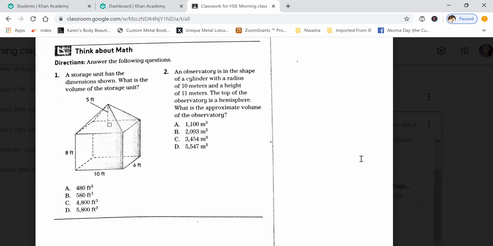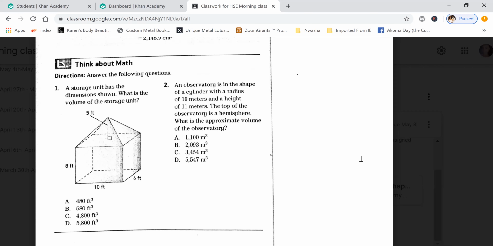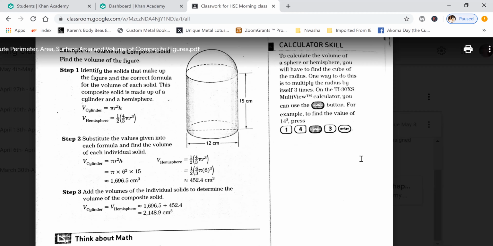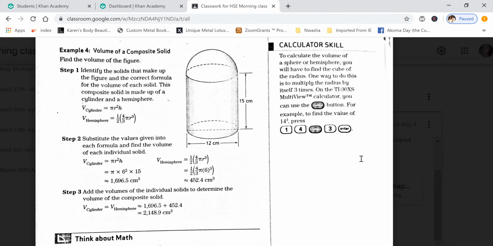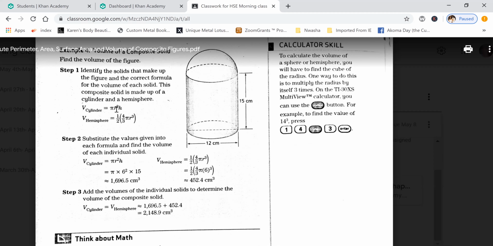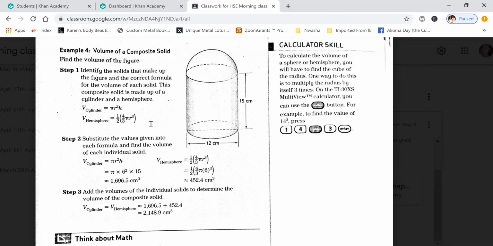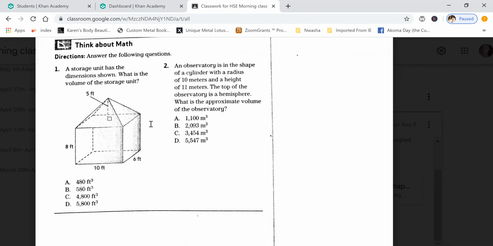But they did tell you the 2 shapes, right? So you know that step number 1 is to identify the 2 shapes. One is going to be the formula for the cylinder, and one is going to be the formula for the hemisphere, which just so happen to be the ones from example number 4. So in step number 1, you're using these same 2 formulas, but now with the information from number 2.